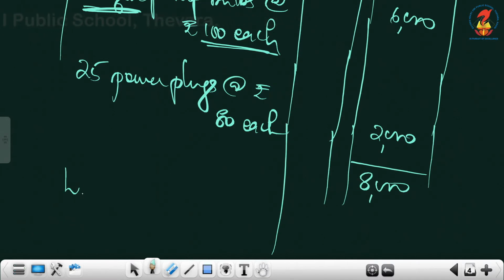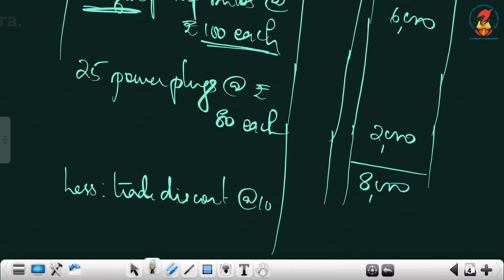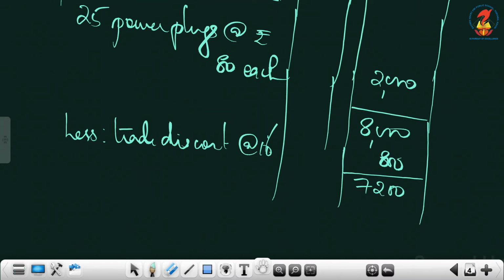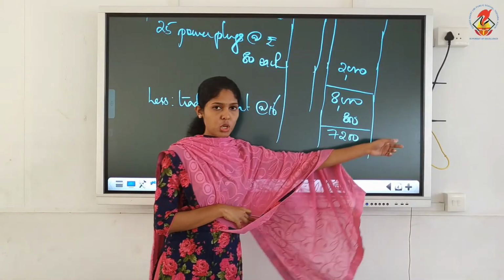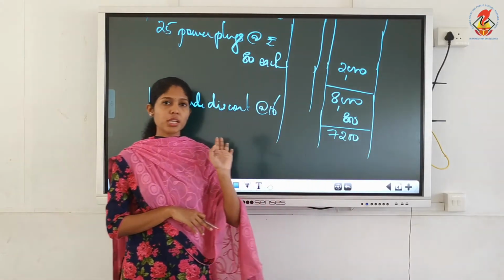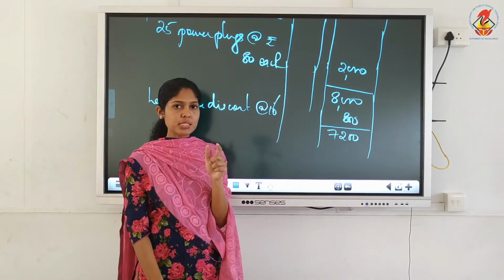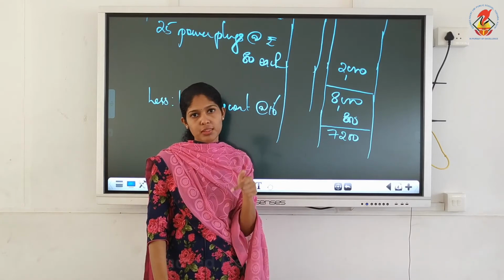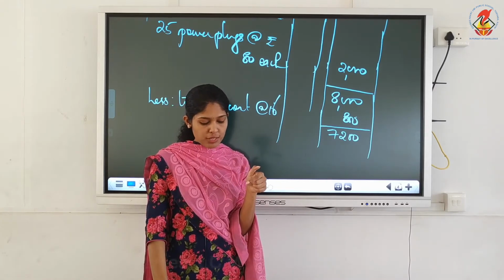From that you less trade discount at the rate of 10%, yes. So that is 800. Write the balance 7200. Okay. Now usually we will be writing this figure in the outer column, amount column, but now I wrote it in the details column because we have one more item in the question like freight charges 75.